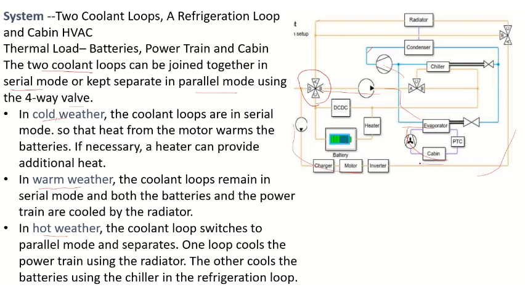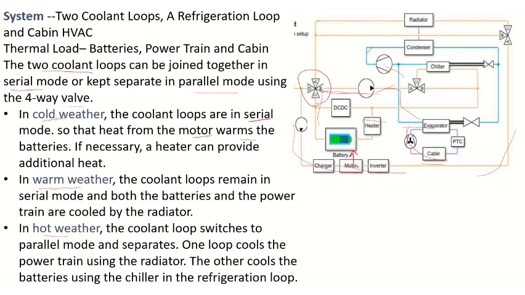Radiator, you can see here, this will come here, and it will go this way, and it will close here. So all are in serial mode, so that the heat from the motor warms the battery under cold weather conditions.